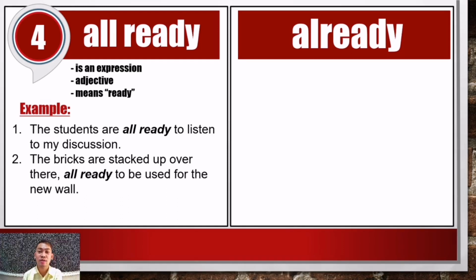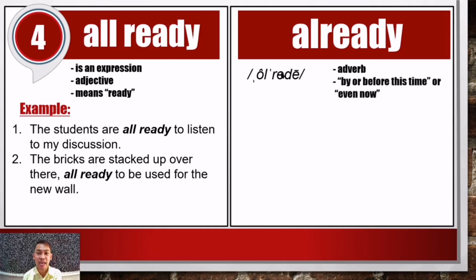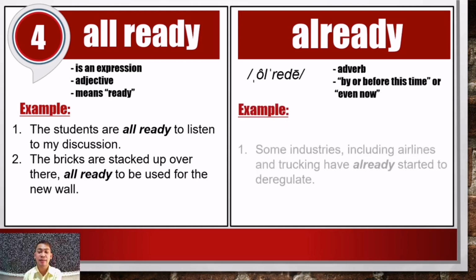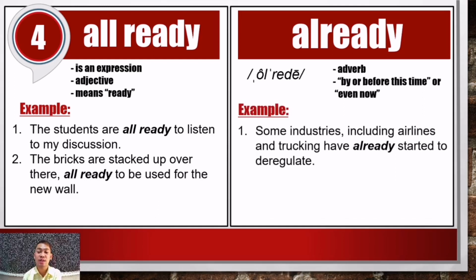Now, when we talk about "already", it is actually an adverb, which is a modifier of an action word, which means by or before the time or even now. For example, some industries, including airlines and trucking, have already started to deregulate.